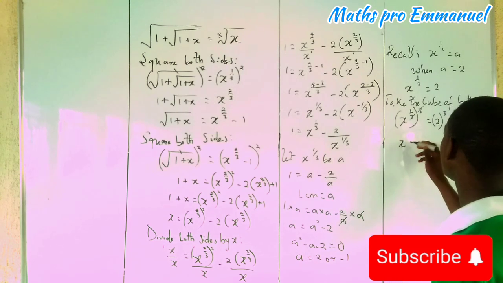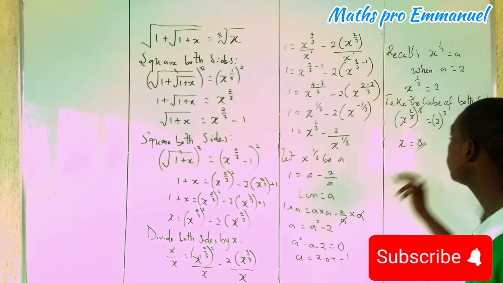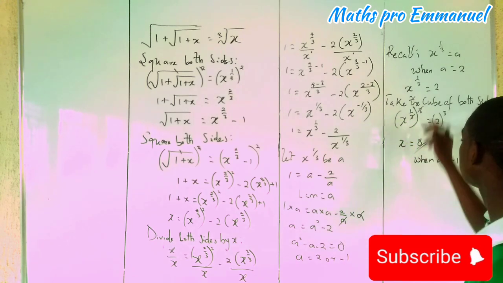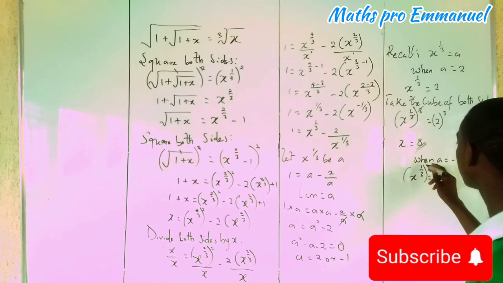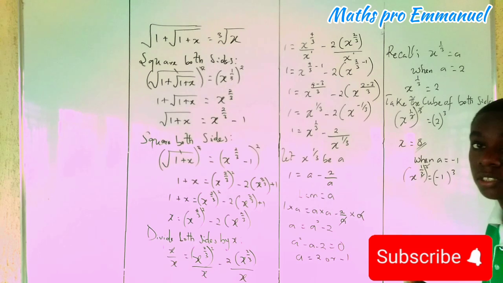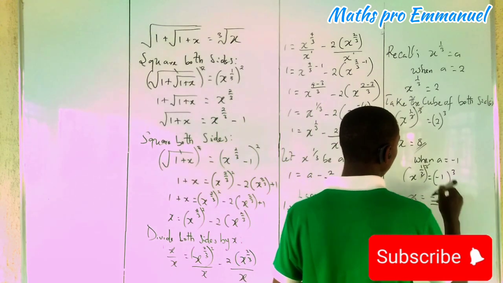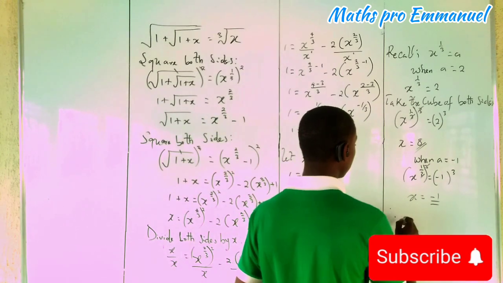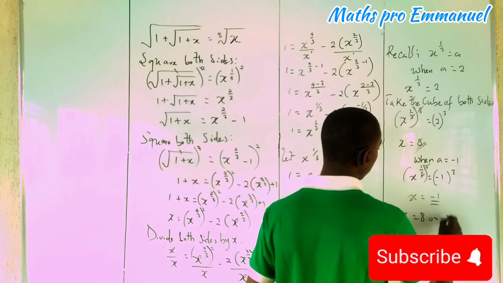So x will be equal to 2 raised to the power of 3, which is 8. And when a is equal to minus 1, x raised to the power of 1 over 3 will be minus 1. We also take the cube of both sides, and this will also cancel this. And x will be equal to minus 1, because minus 1 all raised to the power of 3 is minus 1. So finally, the solution is x is equal to 8 or minus 1.